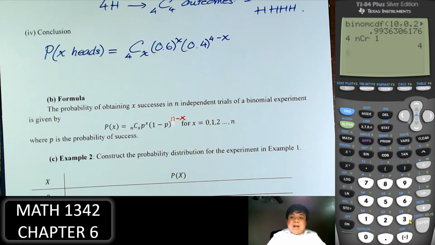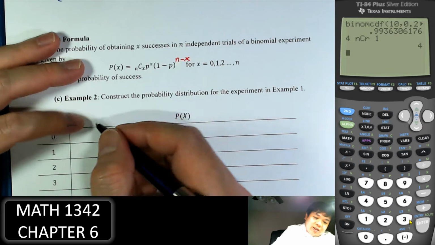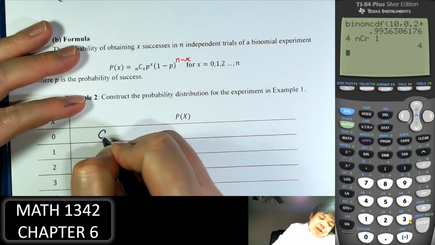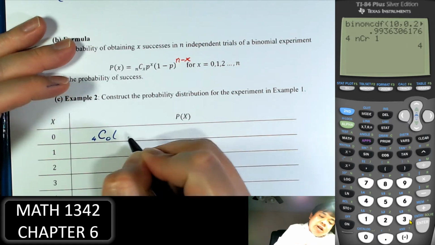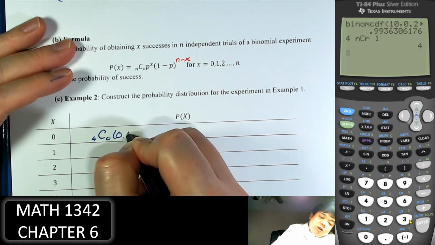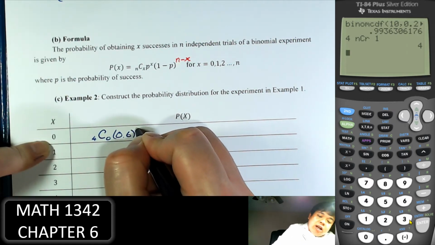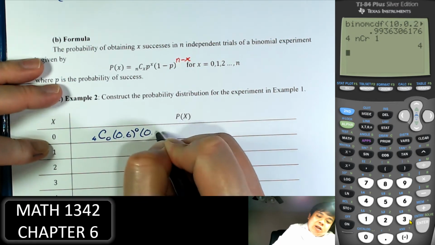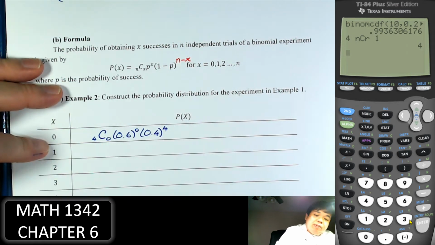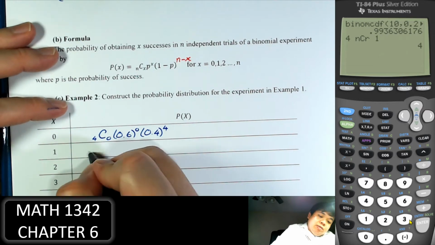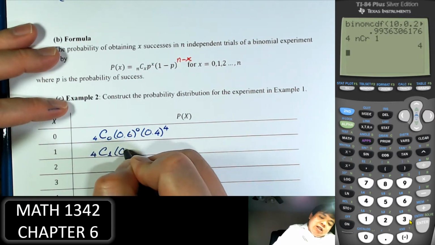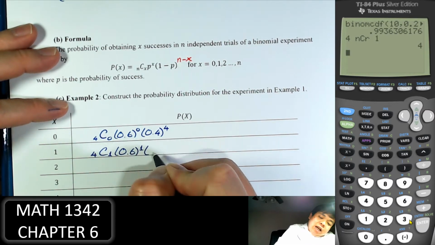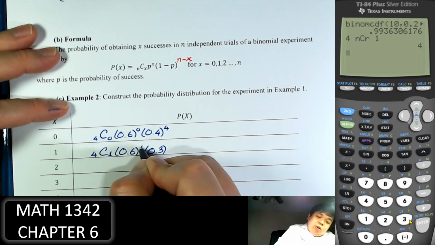Now put all of that together. We're going to select 0 out of 4, and the probability of getting head is 0.6. Here we have 0 heads and 4 tails. Next, we're going to pick one of them to be head, and 3 of them will be tail, so 4 minus 1 is 3.